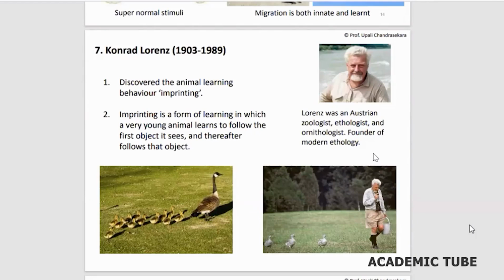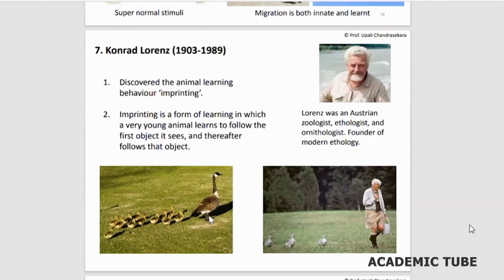One of the major contributions of Lorenz is that he discovered a particular learning mode of animals. That is what you call imprinting. I will tell you what he did. Lorenz collected goose eggs.